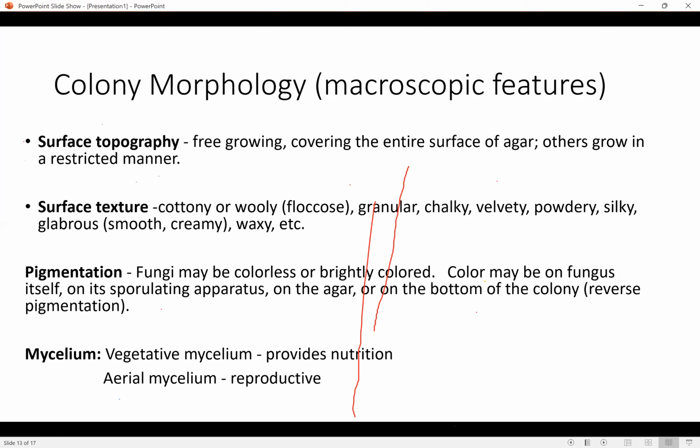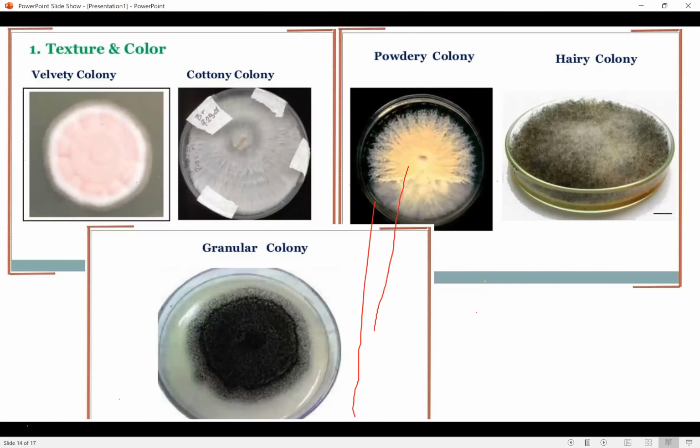But if it's coming from the fungi and is on the top of the fungi, then it is obverse pigmentation. Look at the type of mycelia that are formed by the fungi. Is this aerial, or is it growing down into the surface of the medium?